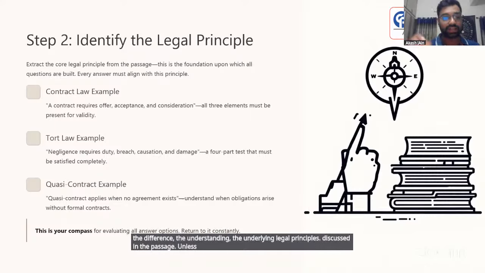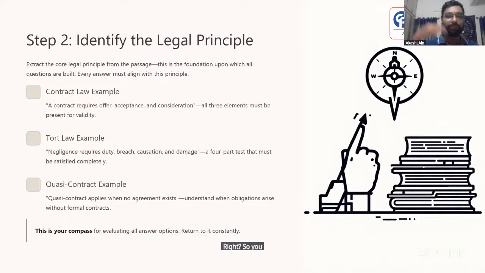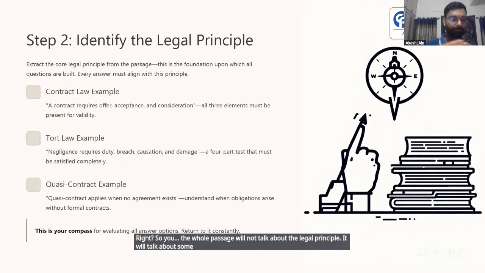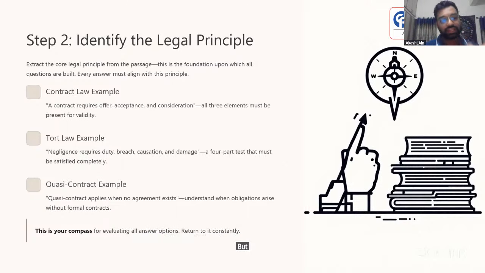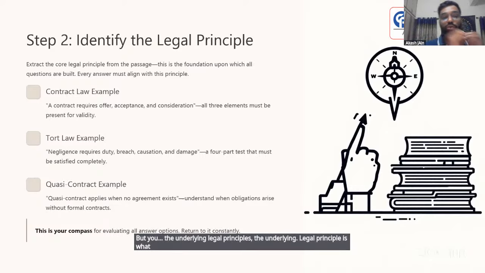Unless you understand it, it will be difficult for you to solve the questions based on that, right? The whole passage will not talk about the legal principle. It will talk about some things here and there, but the underlying legal principle is what you need to focus on, because most of the questions will be centered around that legal principle, right?